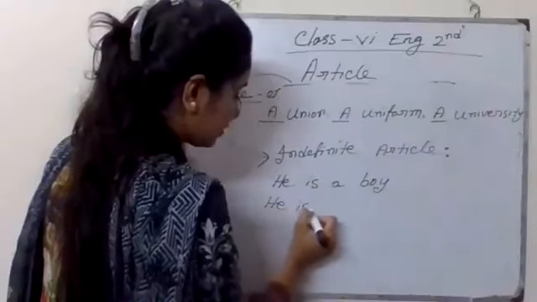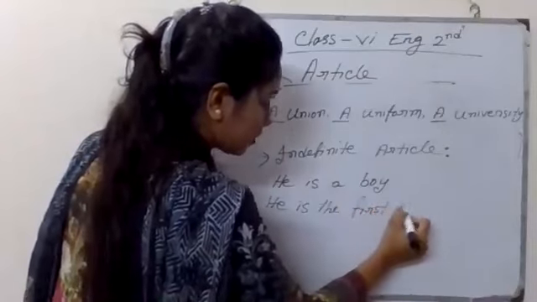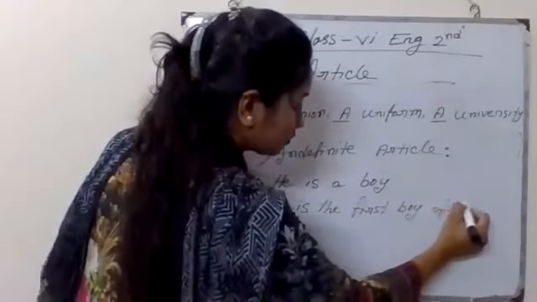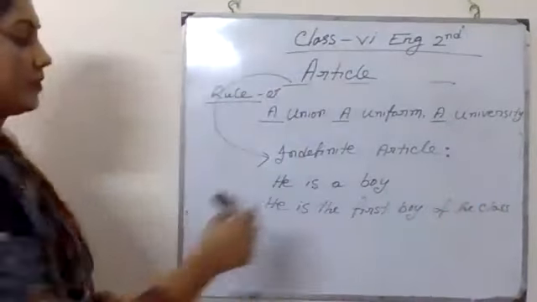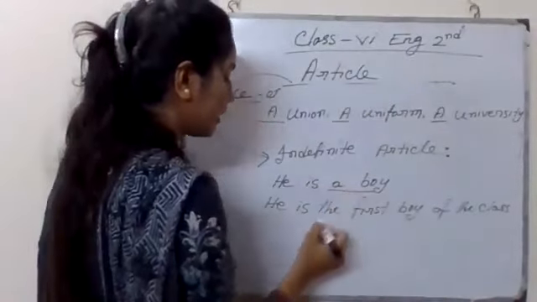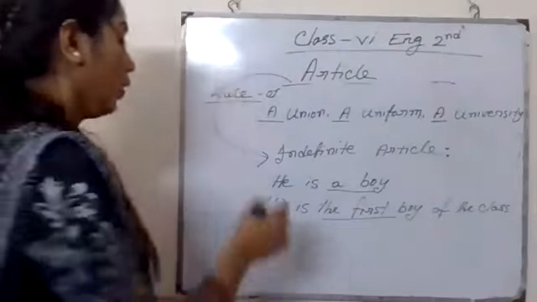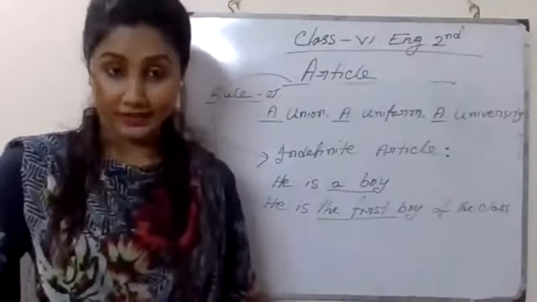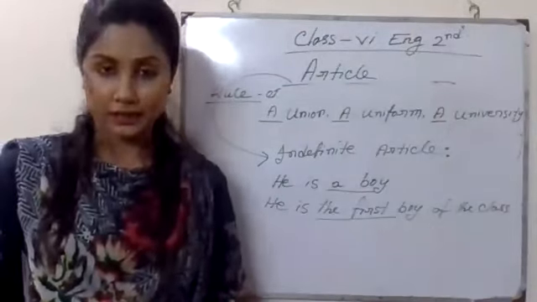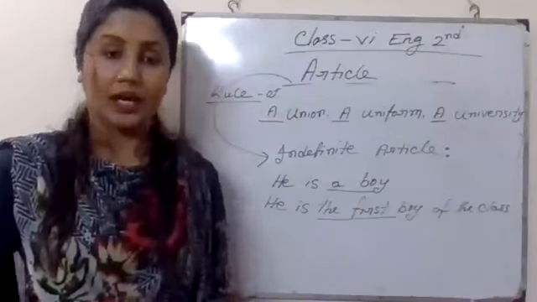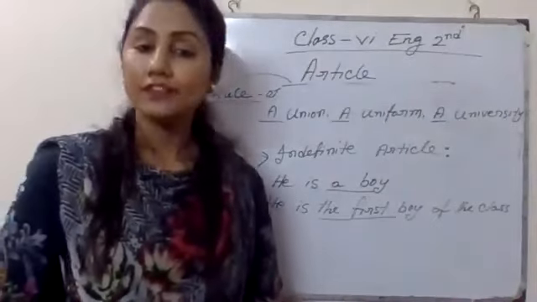He is the first boy of the class. Here we are indicating a boy, and here we are indicating the first boy. When a person or a thing is indicated but it is not a fixed thing or a fixed person, a boy, anyone can be a boy, then it is called an indefinite article.